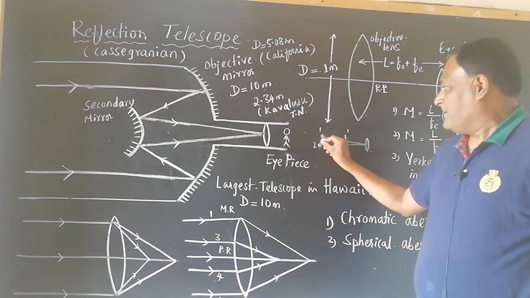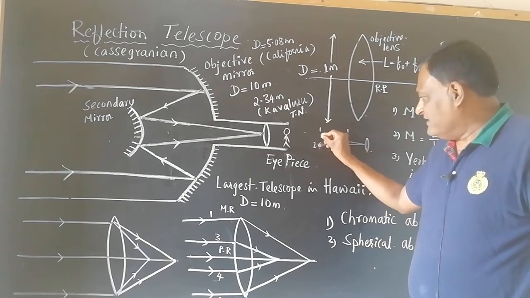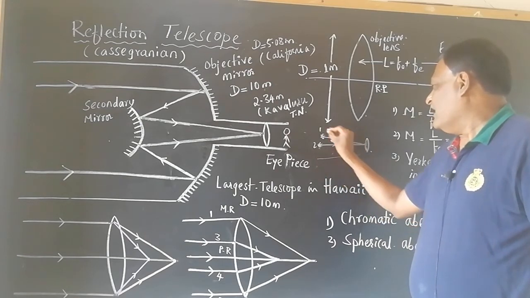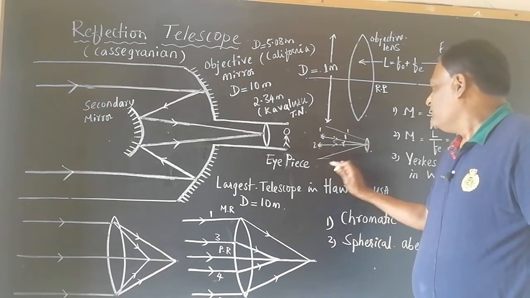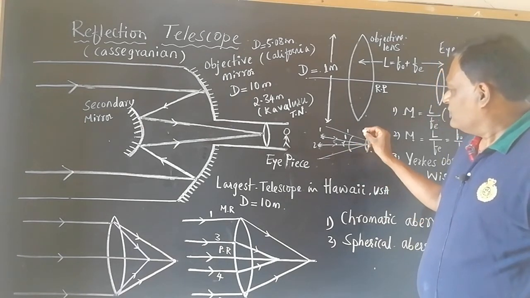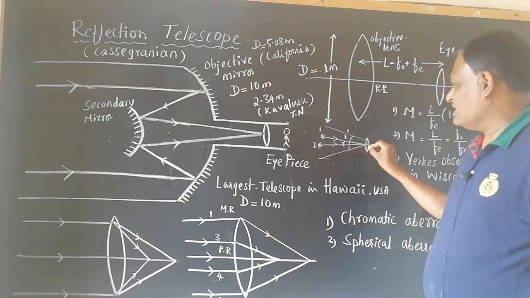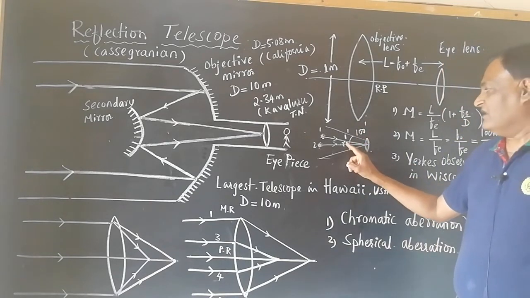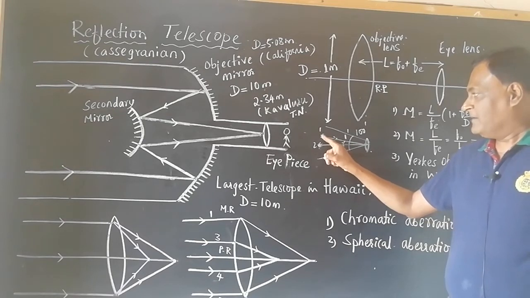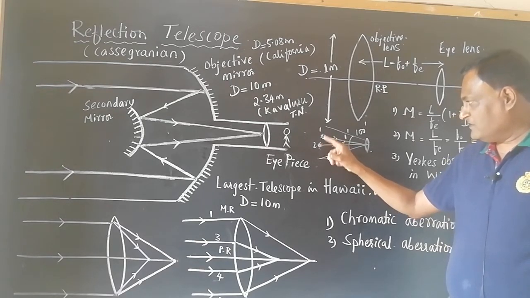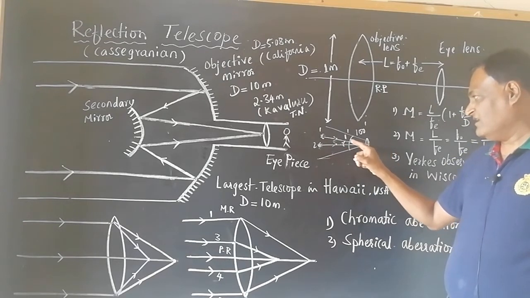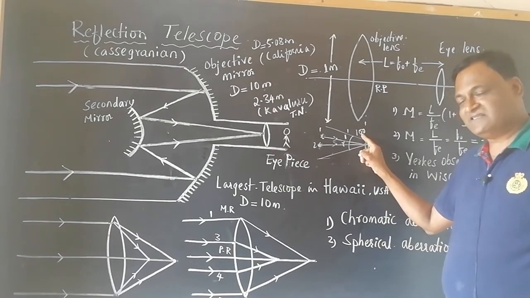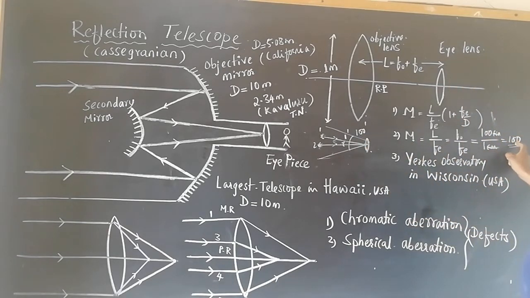So they appear to be far apart, having an angular separation of 100 minutes. Really, the light rays coming from the stars form an angle of 1 minute, but for an observer it appears to be 100 minutes since the angular magnification is 100.